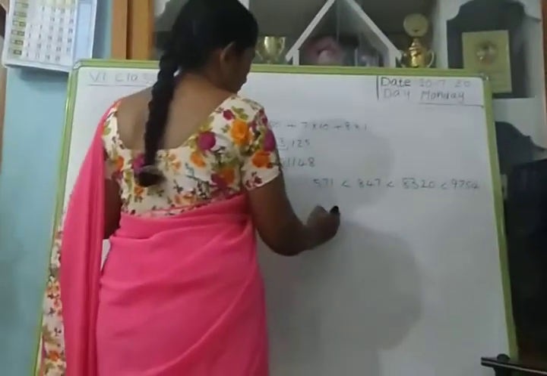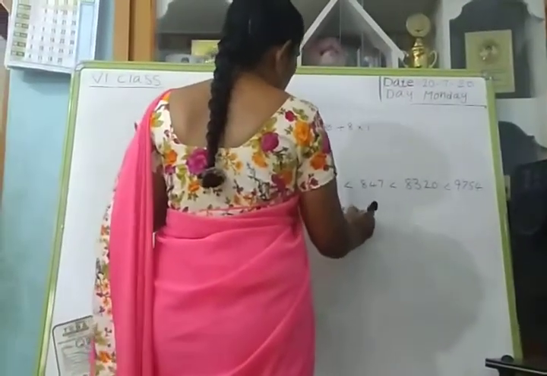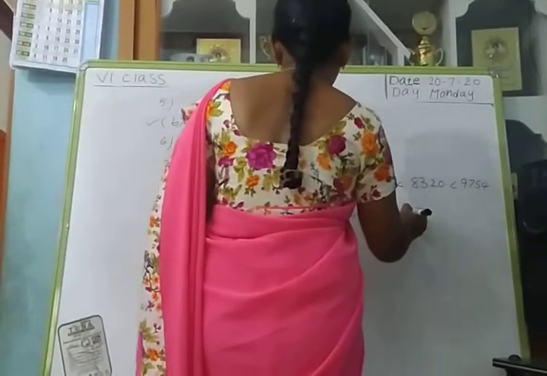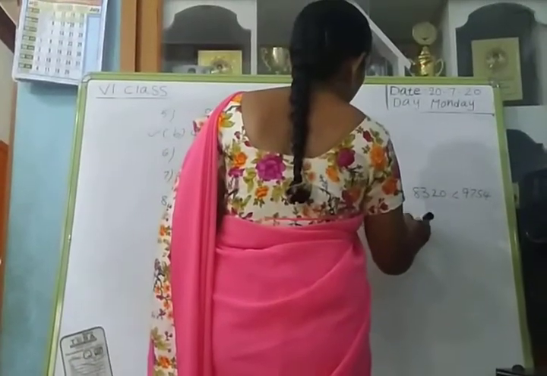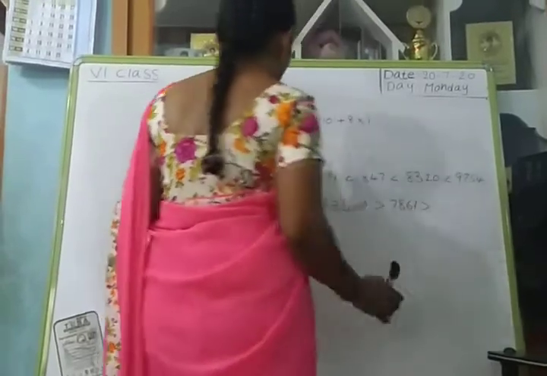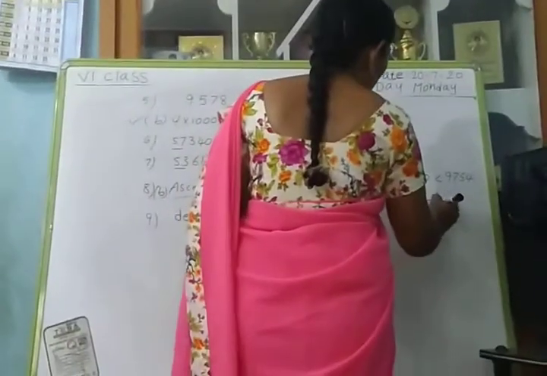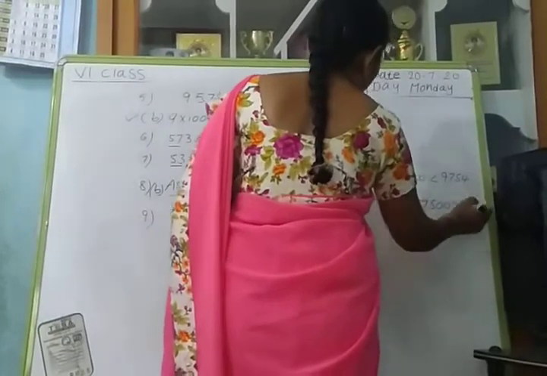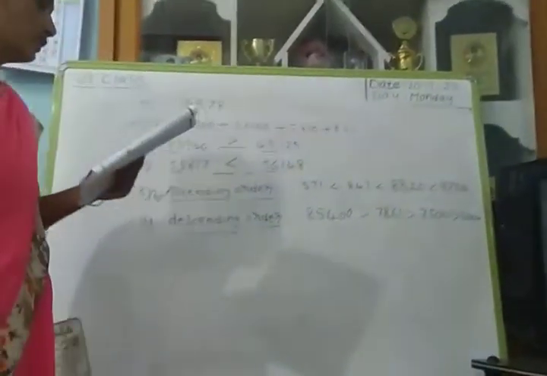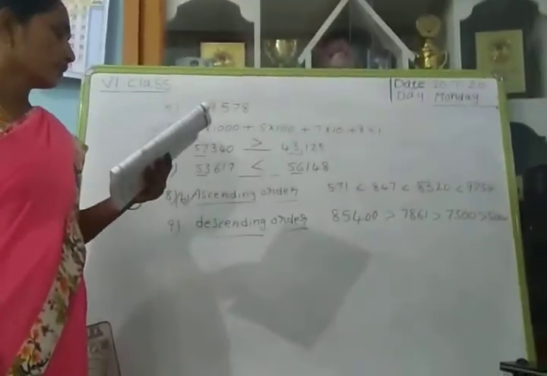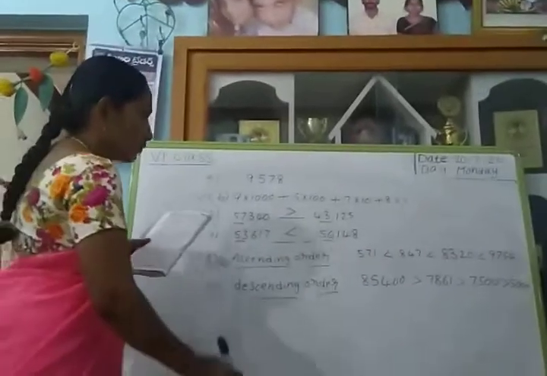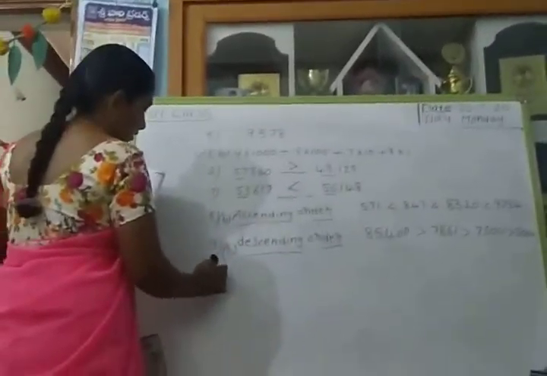Which is the bigger number? 85,400 is greater than 7,861, which is greater than 7,500, which is greater than 5,000. So which option is correct? 85,400, 7,861, 7,500. Option C is correct.